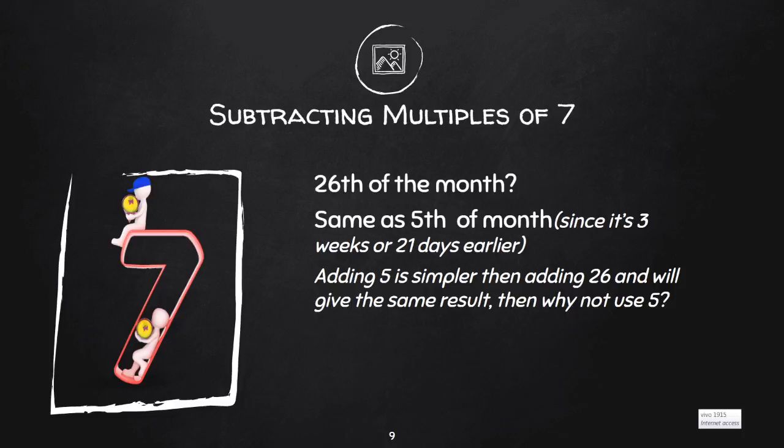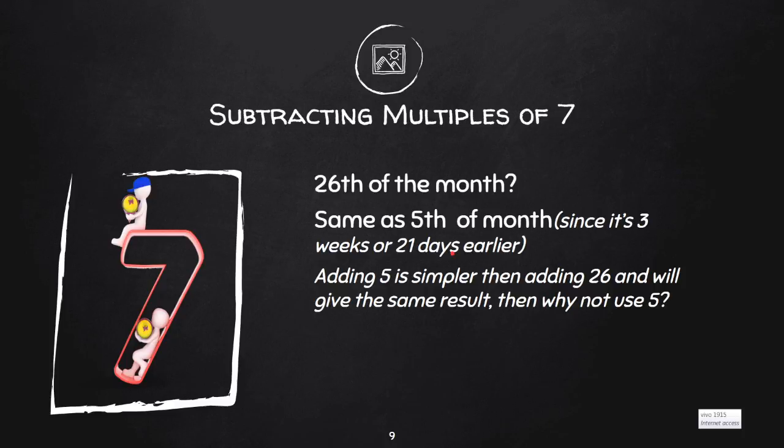For example, if the 26th of any random month falls on Friday, then the 5th of that month will also fall on Friday, since it's 3 weeks or exactly 21 days earlier.